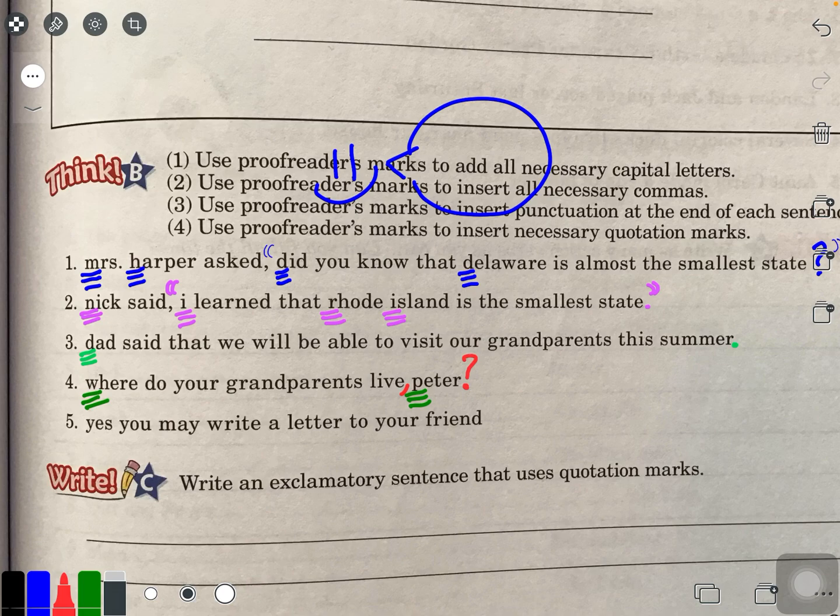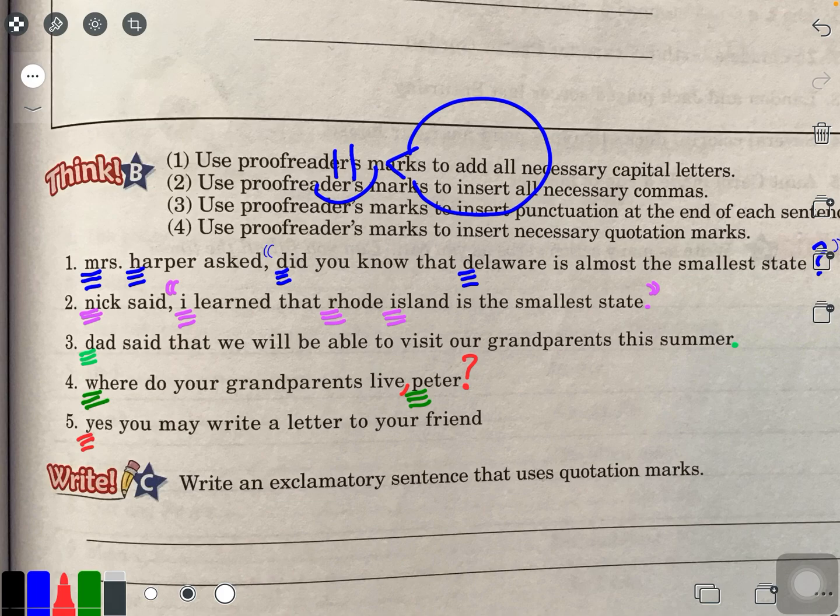All right. Number 5. Yes, you may write a letter to your friend. All right. So let's capitalize some things, like the Y in yes at the very beginning of the sentence. I don't need to capitalize friend. I'm not calling out to a friend. I'm not saying, hey, friend. I'm not doing that. I'm just talking about a friend. That's basically it.